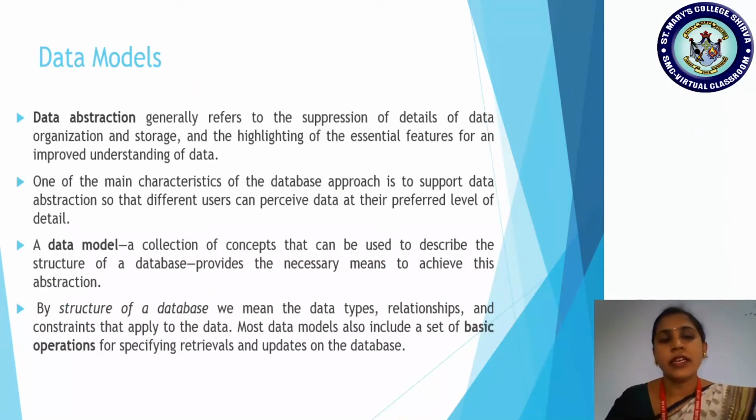Fine. I hope all of you are observing the current term, data abstraction. This we have done in the first chapter. What is data abstraction? It is trying to highlight only the essential data for the user. Data abstraction normally refers to the suppression of details of data organization and storage.